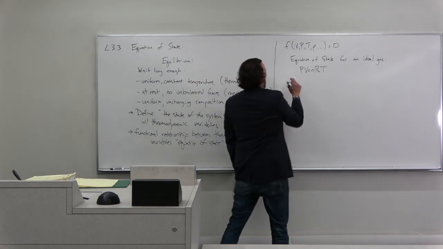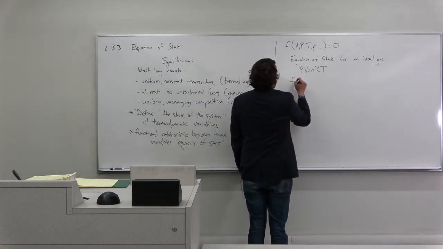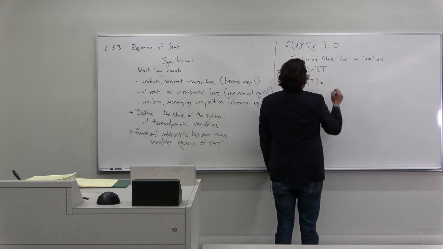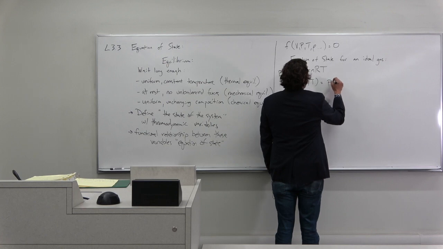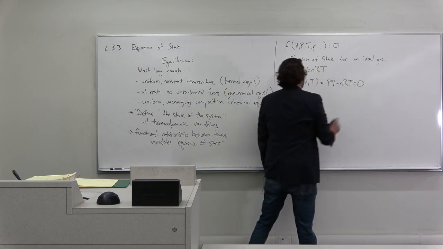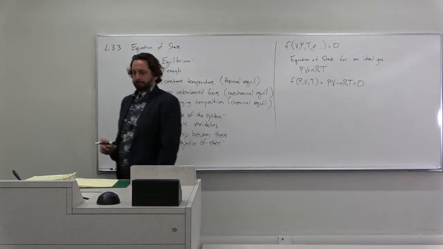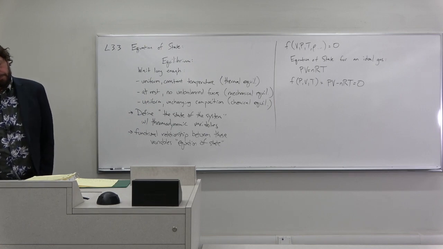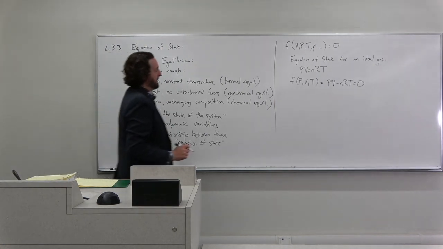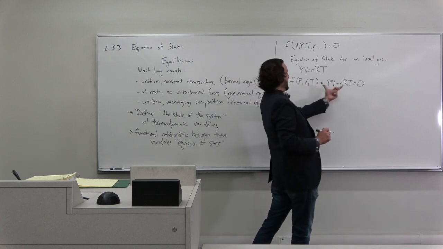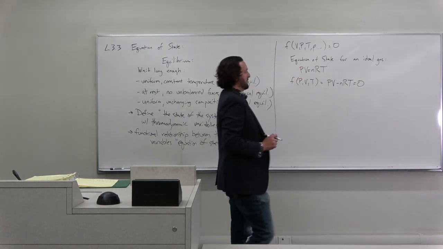But I could rewrite that: my function of P and V and T was PV minus nRT equals 0. All right? So my thermodynamic function is a function of these three thermodynamic variables. This is my equation of state equals 0.